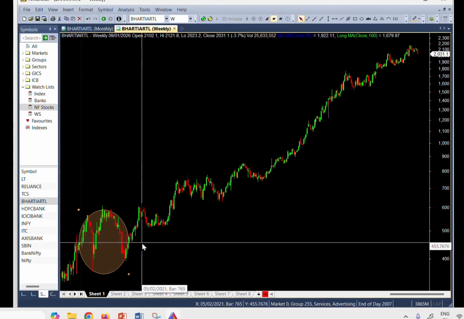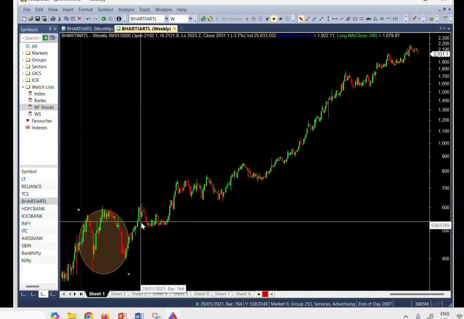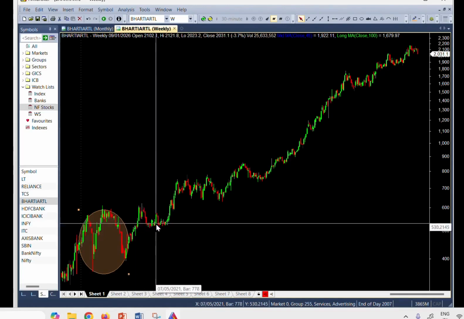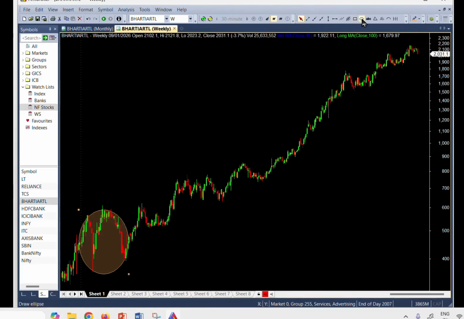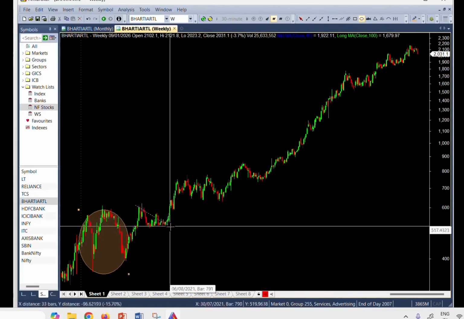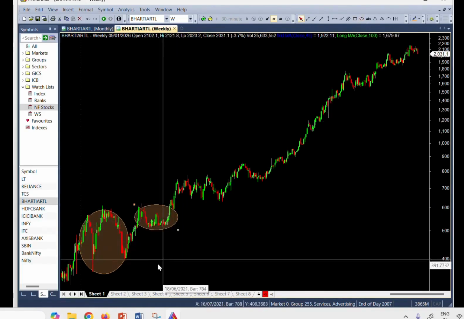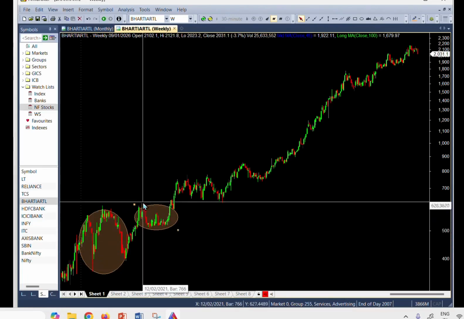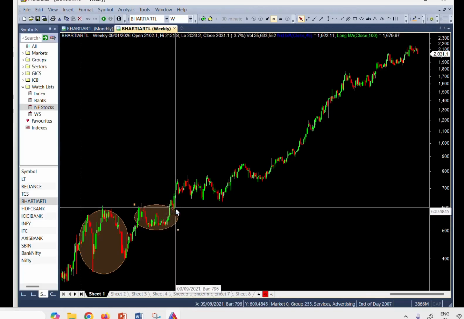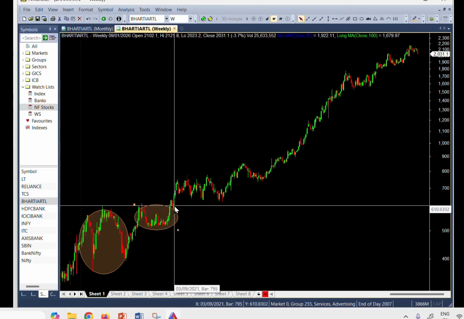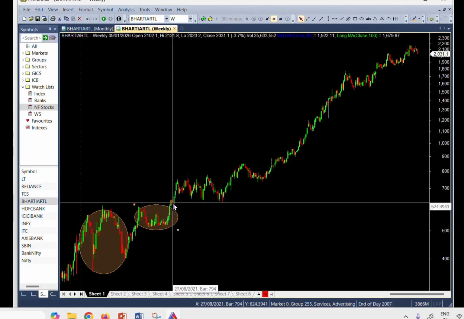The weekly chart was on the up move, and somewhere around January 2021 till June 2021, for 6 months, it was in a sideways move. Here we can see it has tested the resistance line of 630 twice, and when the price blasted off somewhere in September 2021, again it started its up move.